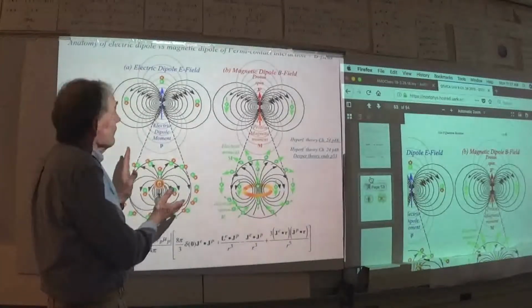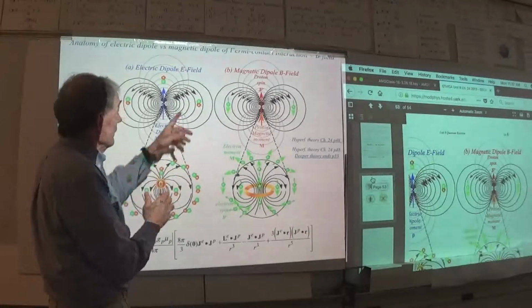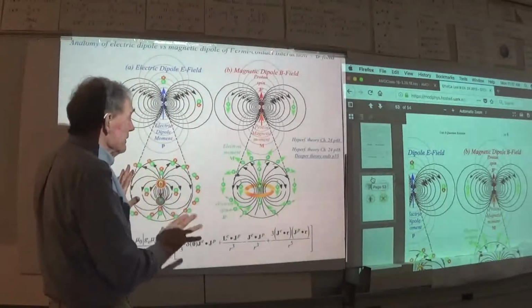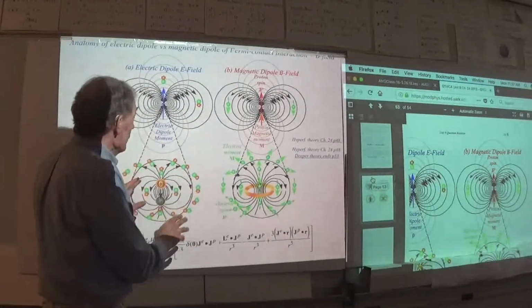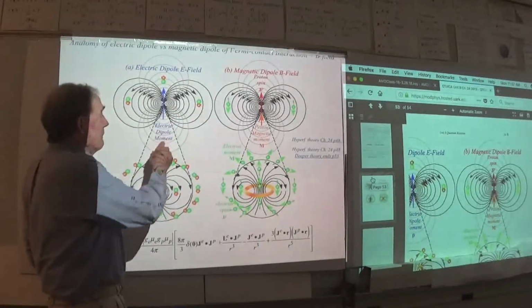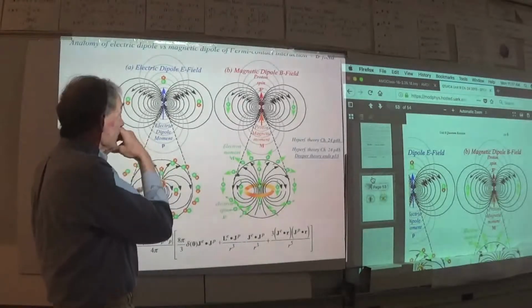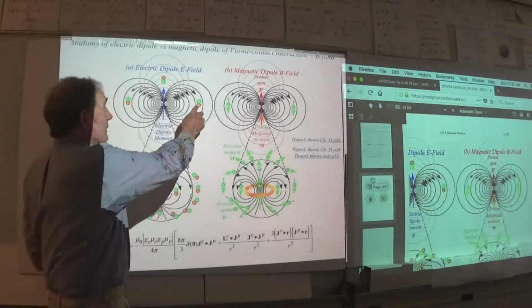And people are looking for the electron or nucleon dipole moment in the E department, not finding it. So this is just to show you what the fields look like if you did have an electric dipole moment of the proton, okay? And we imagine that maybe the electron had it too, okay?